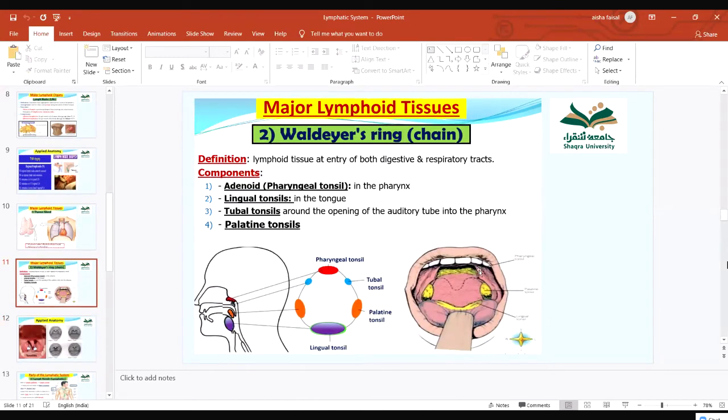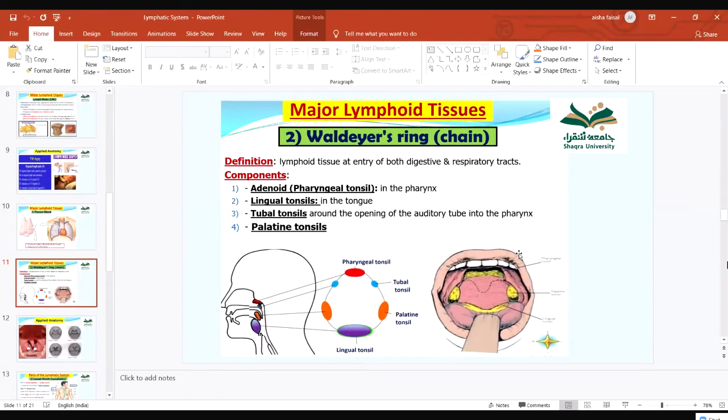Then you have Waldeyer's ring. This Waldeyer's ring is an example of organized mucosa associated lymphoid tissue.